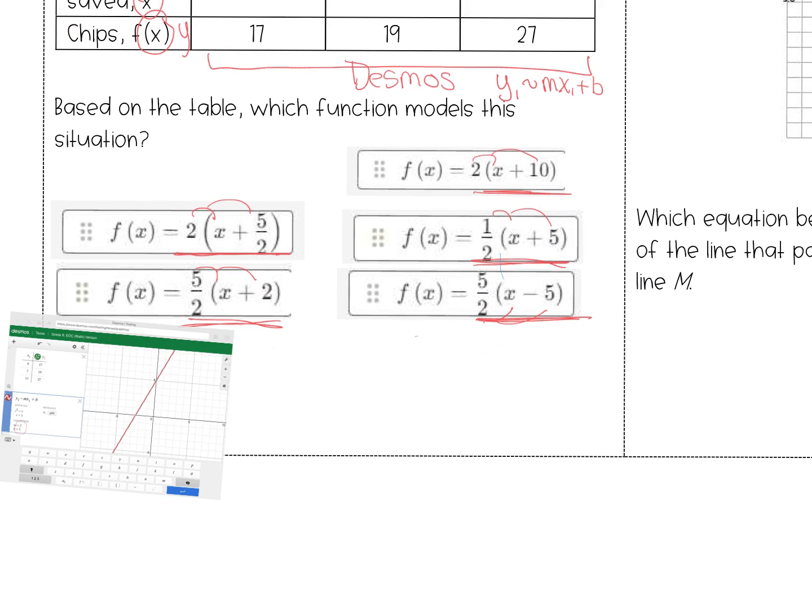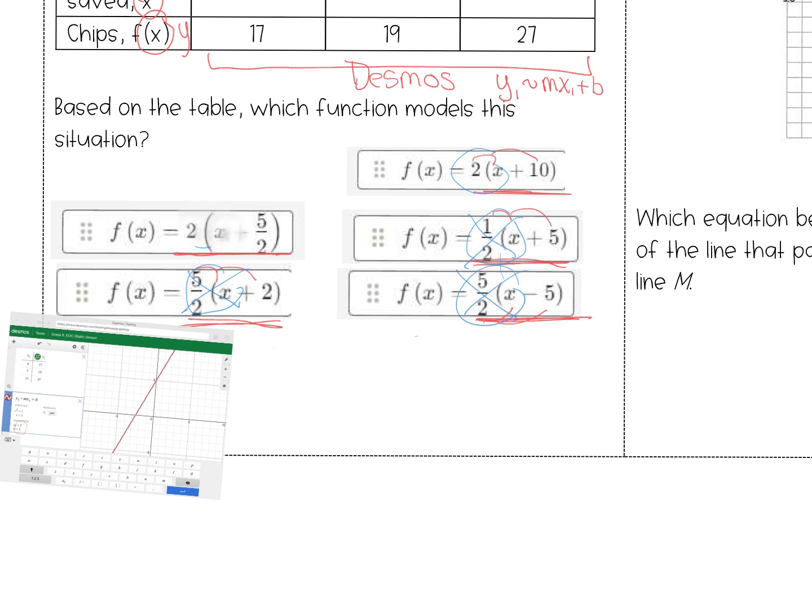So if I look here, again, you can graph all these in Desmos. If we look at distributing, when I distribute this one will have a 2x, that's good. This one will not have the 2x. This one will have the 2x, that's good. This one will have a 1/2 x, that's not good. And this one will have a 5/2 x, that's not good.